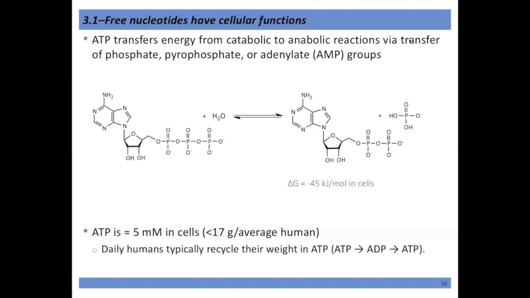So if you take your weight, mine is 70-something kilograms, within a day I would recycle, not necessarily make, because you convert it from ATP to ADP and back to ATP. So you're not necessarily making ATP, but you're recycling enough. So if you could pull out all those ATPs, you would make your weight in a day.